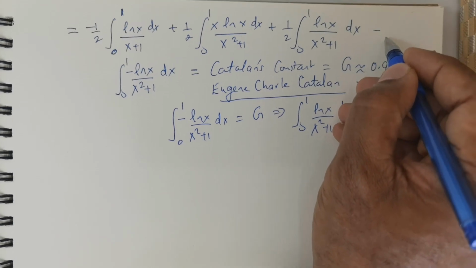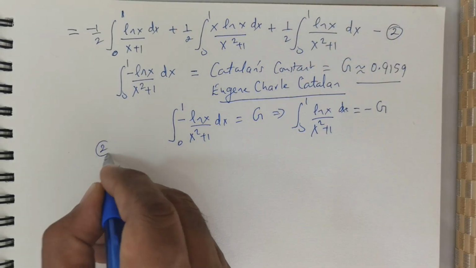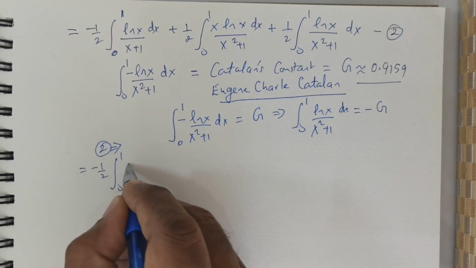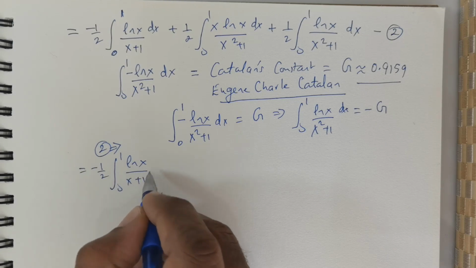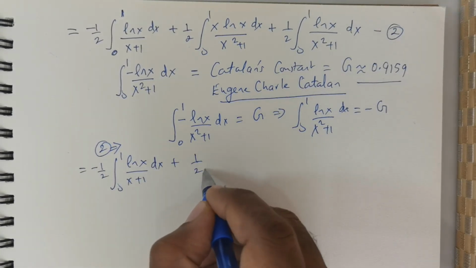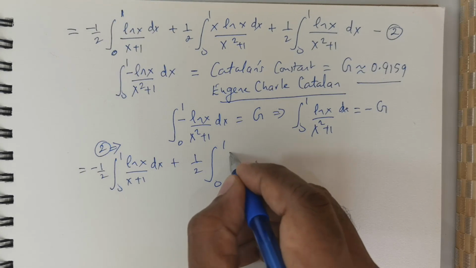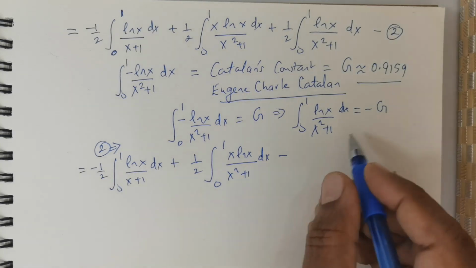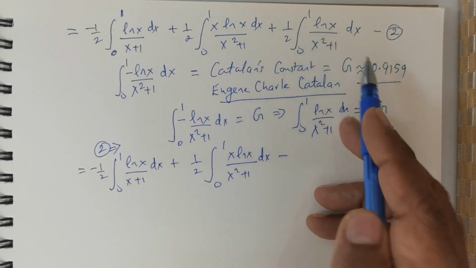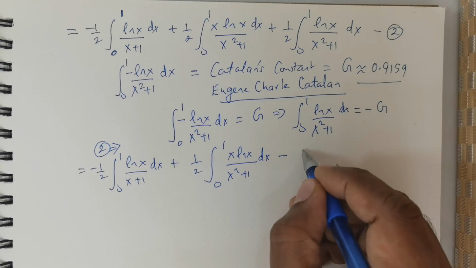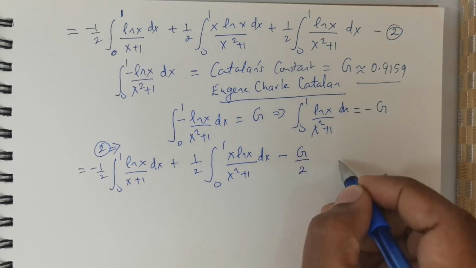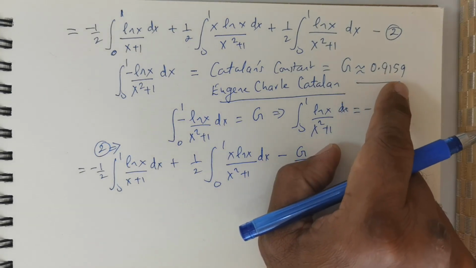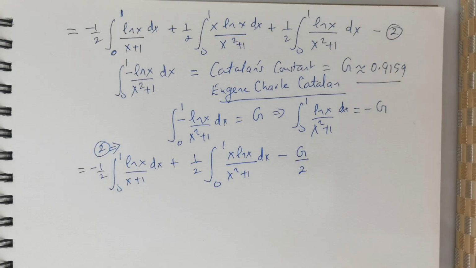So if you were to take this as sum 2, I can rewrite 2 to be -1/2 times the integral from 0 to 1 of ln x over x + 1 dx plus 1/2 times the integral from 0 to 1 of x ln x over x² + 1 dx. Now in place of this I would be placing -G. So this is -G/2, and this is evaluated and has the value 0.9159. Okay, so much for that.